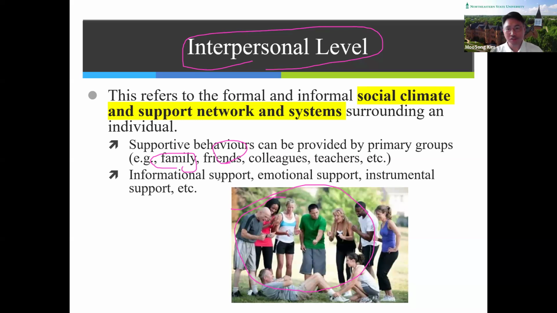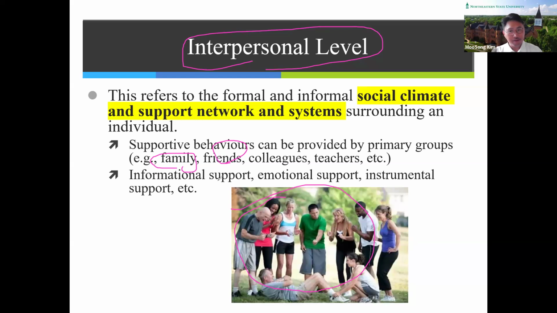Some families just eat junk food, so the child probably doesn't like to eat healthy food. On the other hand, some families like to eat vegetables or healthy food, and the kids can eat more vegetables and healthy food than others.